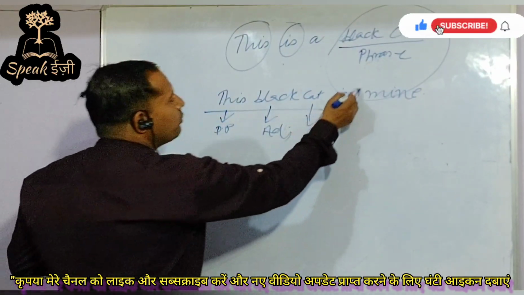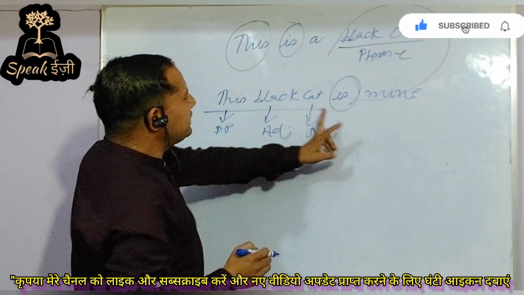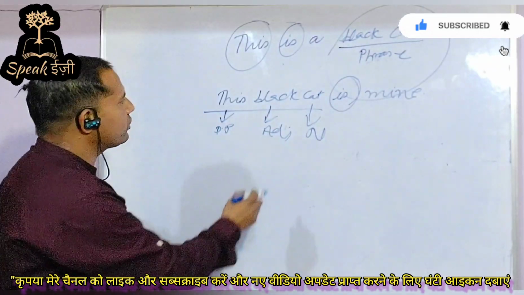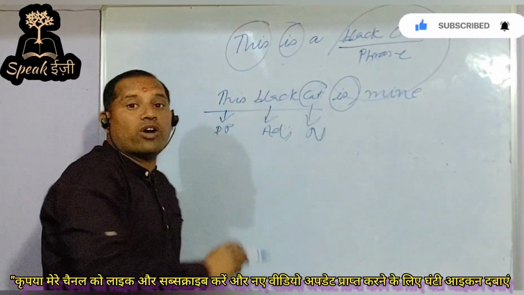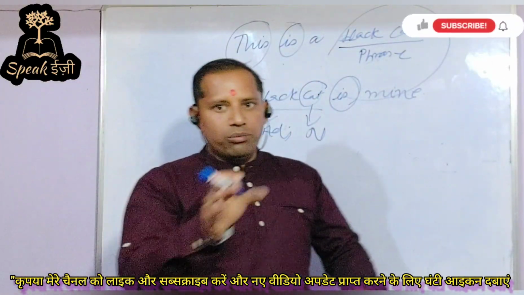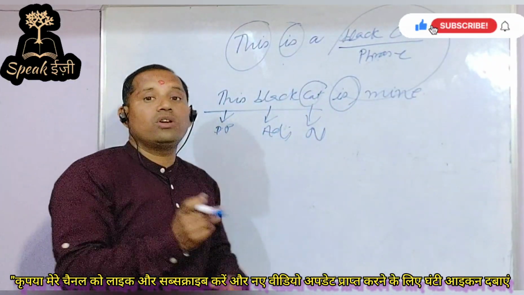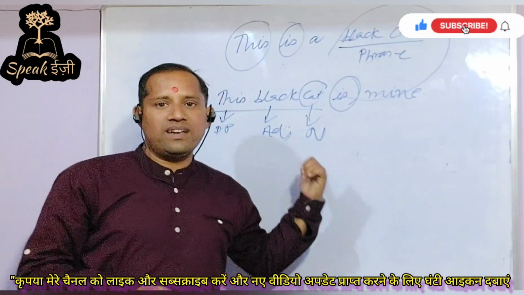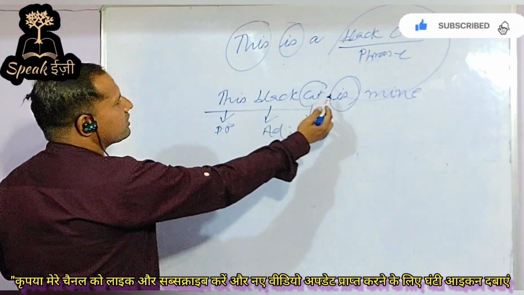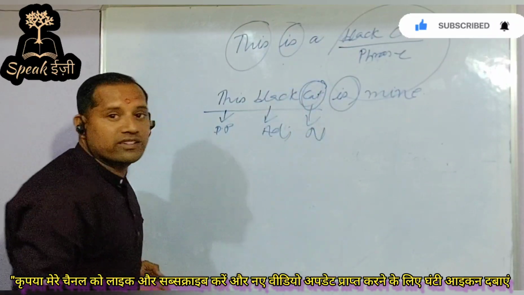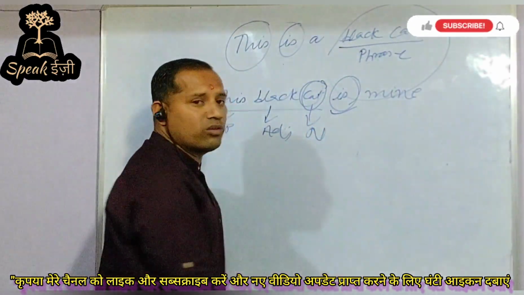So the verb which we used with this sentence is a singular verb. Why is it so? Whenever we have a phrase, the verb which we use depends on which noun has been used in the sentence. See the sentence, this black cat. In this sentence, we have cat, a singular subject, so our verb must be singular.